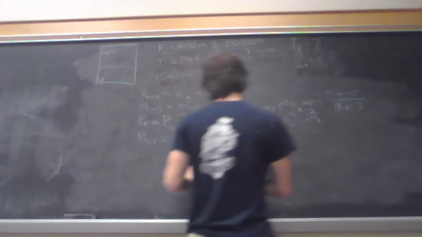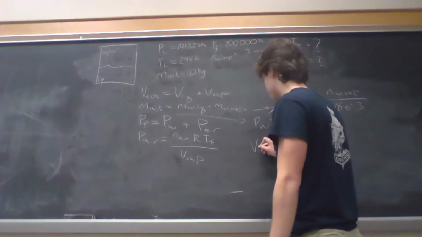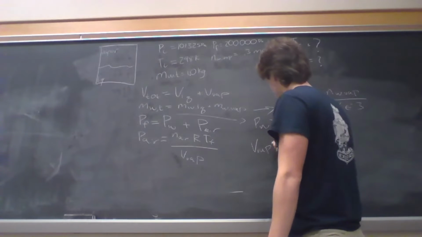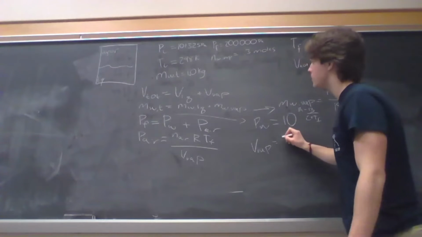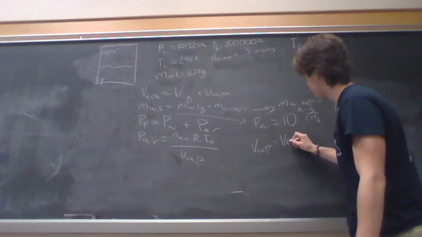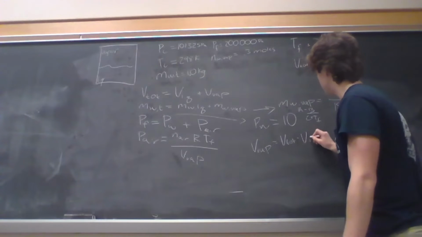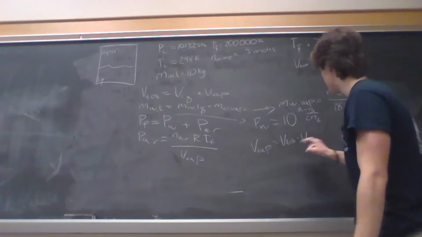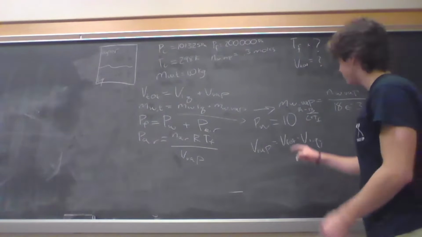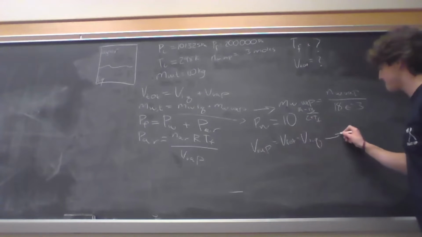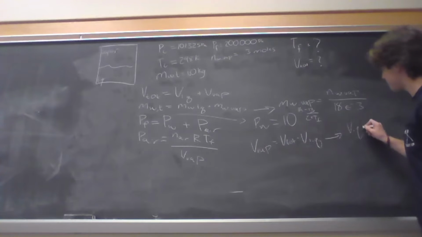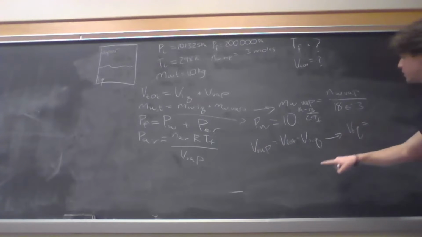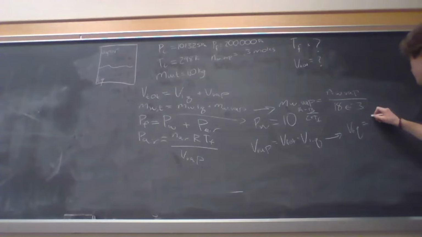So let's define this a little better. So the volume of the vapor phase, defined up here, will be the total volume minus the volume of the liquid, right? And we can figure out the volume of our liquid will be equal to the mass of water in the liquid phase over the density of water.